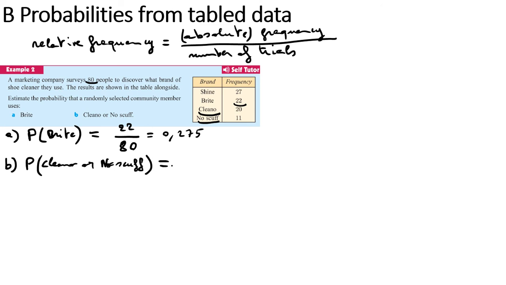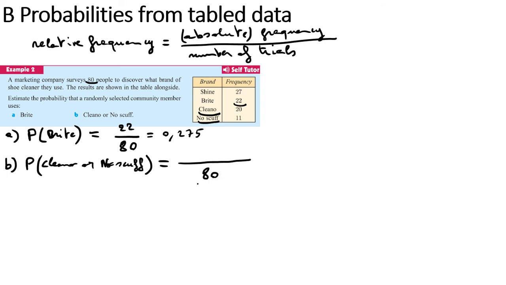Okay, so in this case, we have to find again the relative frequency, because we are still looking for the experimental probability. So the relative frequency is again equal to the absolute frequency over the number of trials. The number of people is 80, so we have in total 80 people.